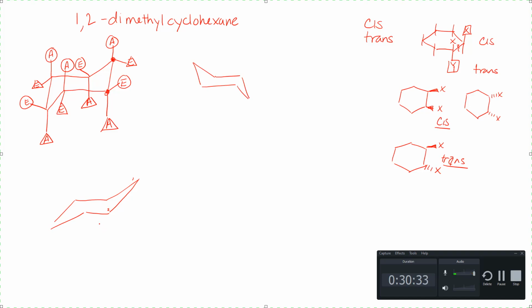Again, you don't mess with my system, I don't mess with your system. You can choose any carbons you want to be number 1 and number 2 as long as they are next to each other. So for carbon number 1 here, the axial position would be up. Down for carbon number 2, the axial position would be down, and the equatorial would be here, and the equatorial would be here. And notice how that's a tetrahedron.